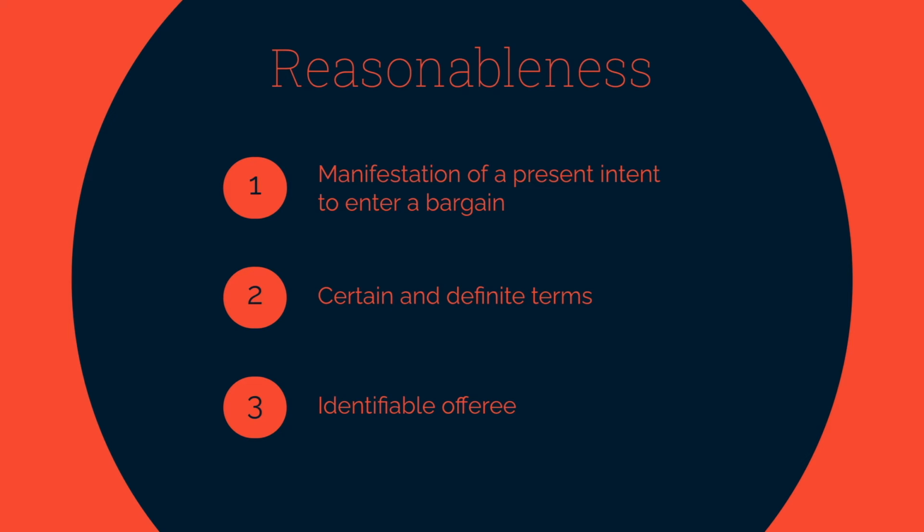And again, is it to an identifiable offeree? If, for instance, after class, two people are talking to each other and one of them says, hey, I will sell you my contracts book for $25 at the end of the semester, and I were to say, hey, that sounds good, I'll buy it, well, you have to look at that and say, it wasn't addressed to me.